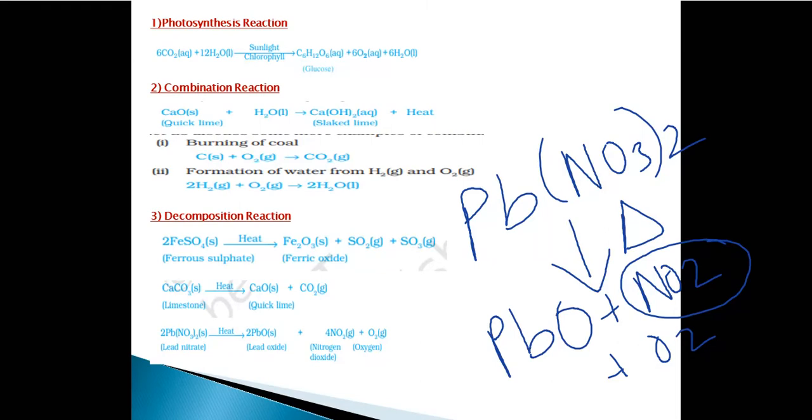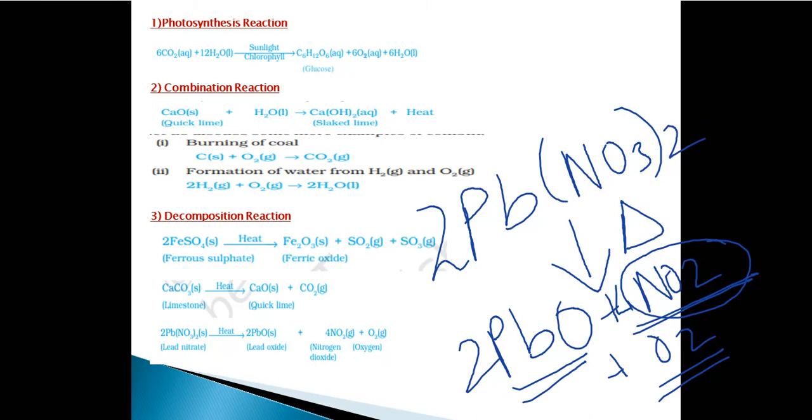Many times this question is also asked: name the products obtained when lead nitrate is heated. You will get lead oxide, nitrogen dioxide, and along with that oxygen also. For balancing this equation, you have to put 2 in front of lead nitrate, 4NO2 over there, and now the reaction is balanced.